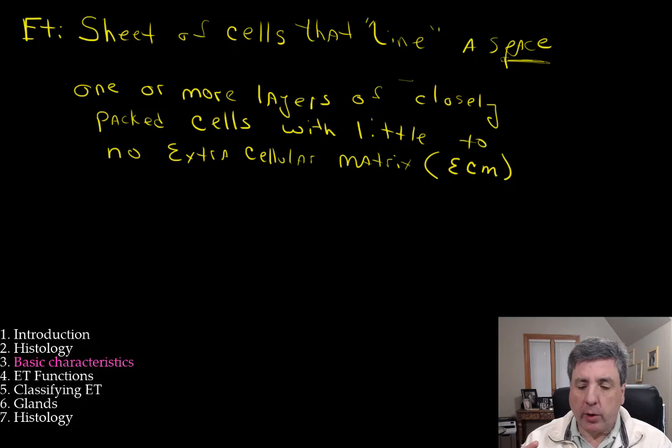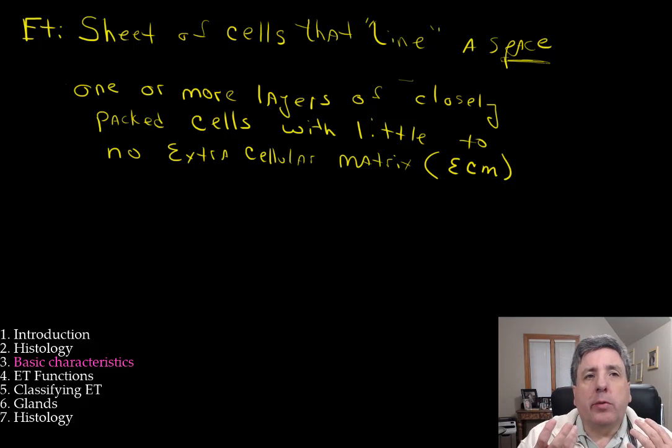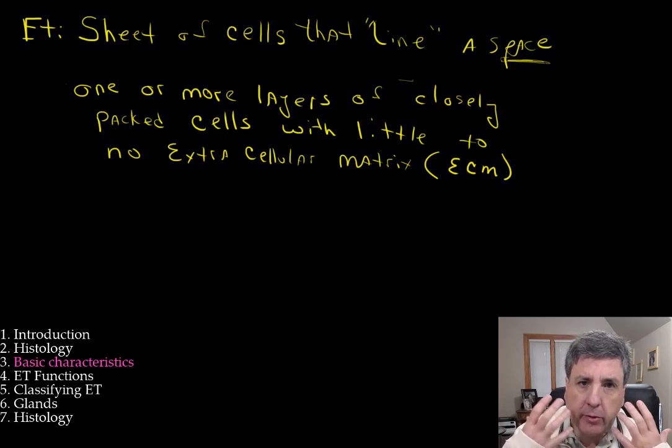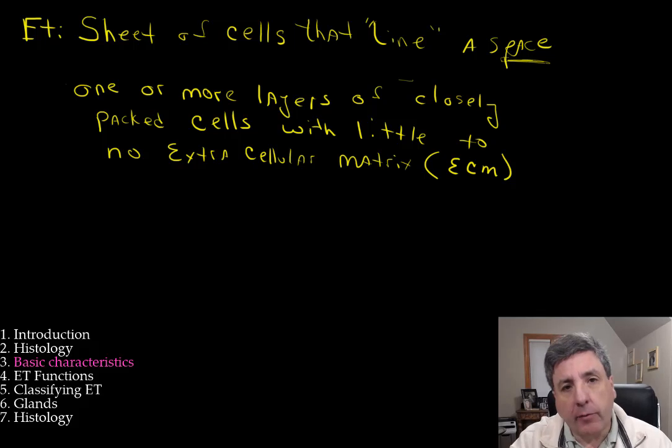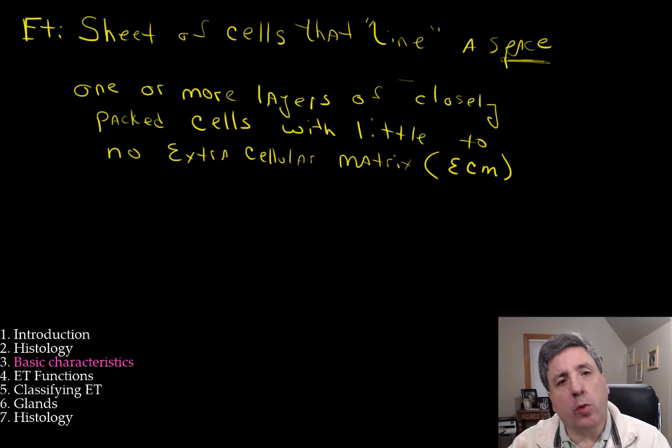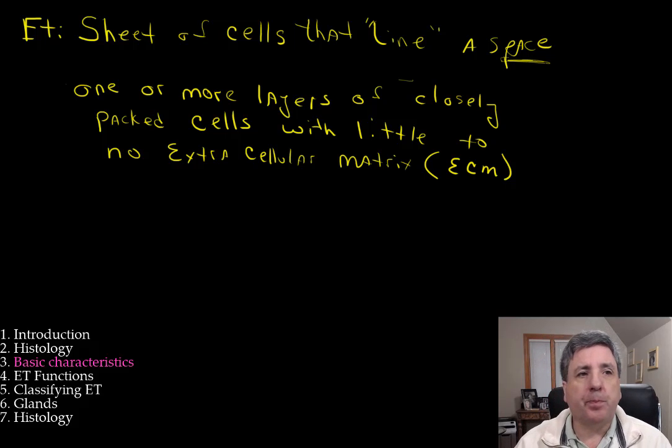The digestive system is essentially a long tube, starting at the mouth, going down the esophagus into your stomach, and then through the small intestine and large intestine. On the inside of that you have a tube going through the body, so epithelial tissue is going to line that as well.